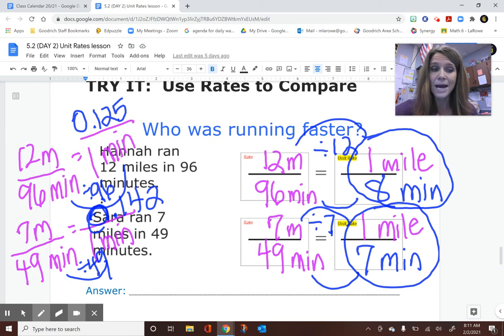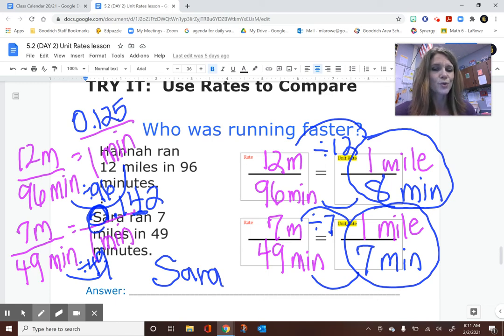And when I do that to the mileage, I find that Hannah can go 0.125 miles in just a minute, and Sarah could go 0.142 miles in just a minute. And since Sarah's is a little bit farther in the same amount of time, I know that if they were racing each other, Sarah would be in the lead after just 1 minute because she's gone slightly farther than Hannah. So the faster runner overall is Sarah.